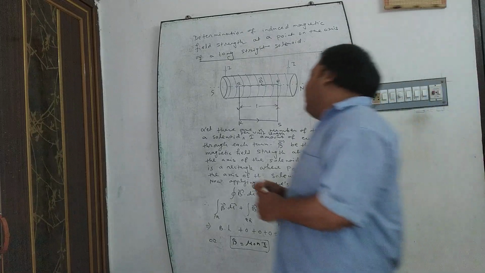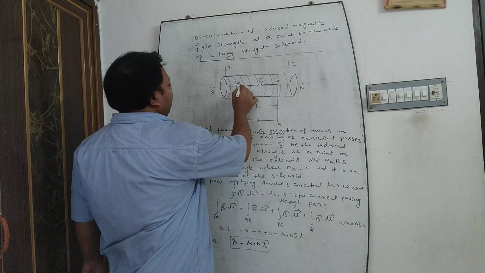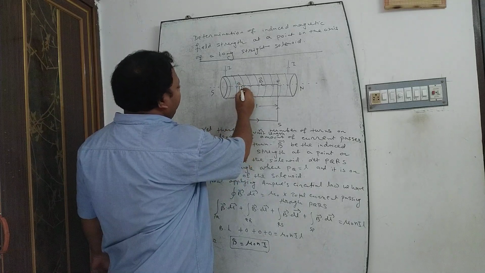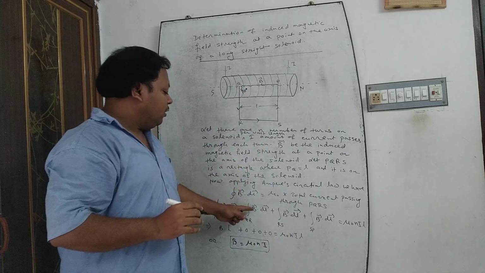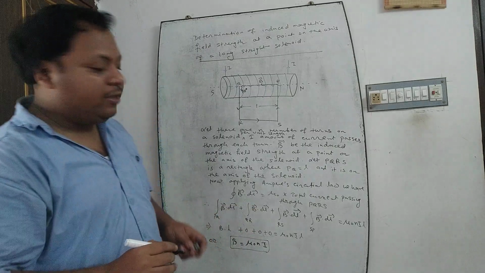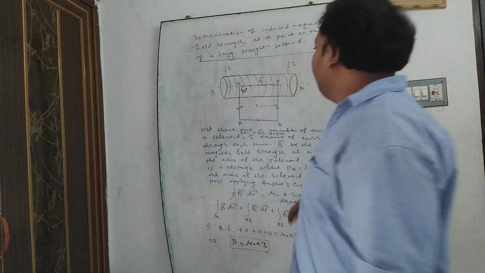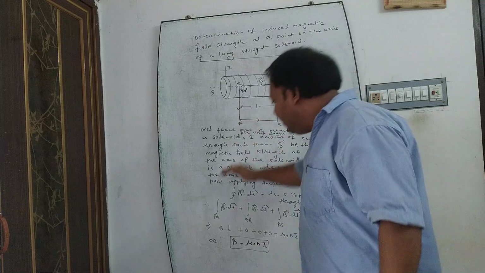Now along the line QR, the B vector and QR vector are 90 degrees to each other. That's why the dot product B dot dl is equal to 0. Again, the distance between PQ and RS is very high.